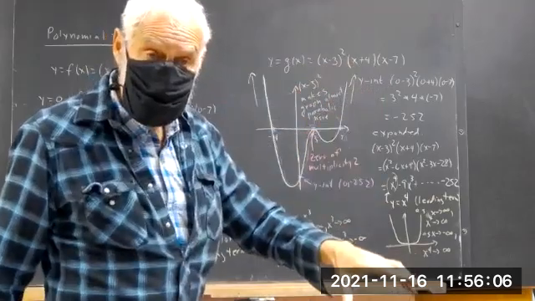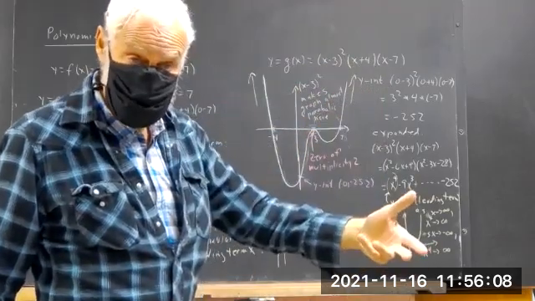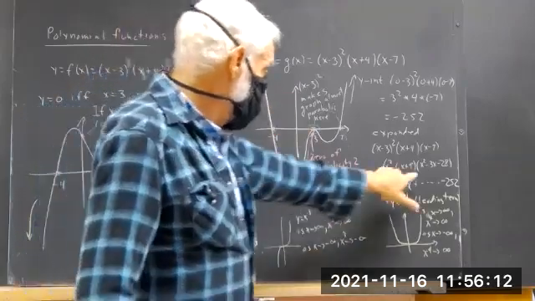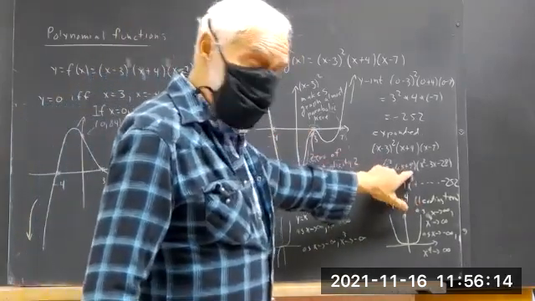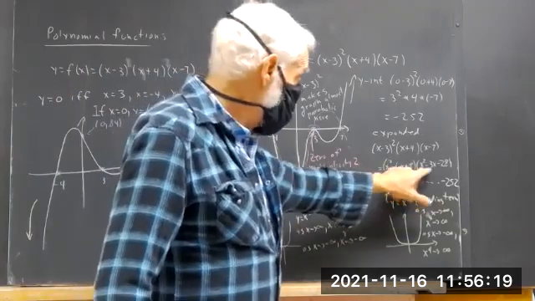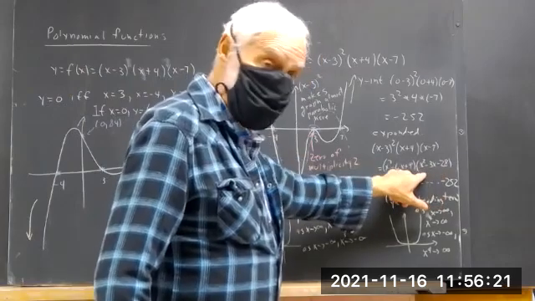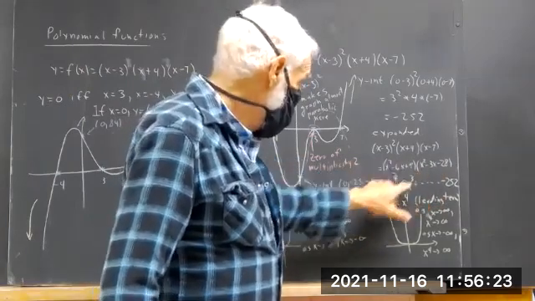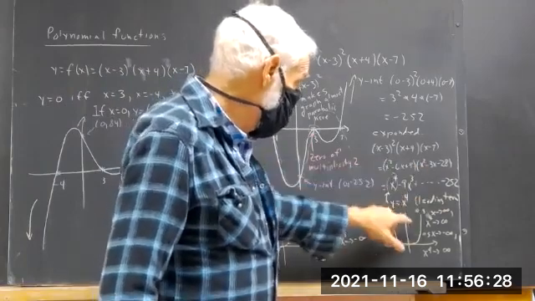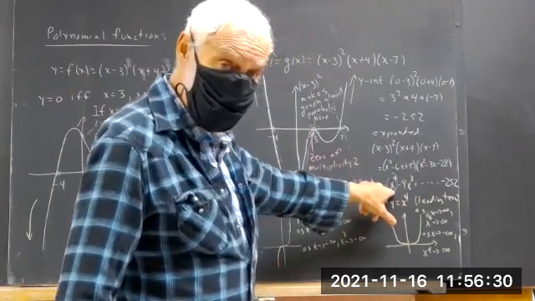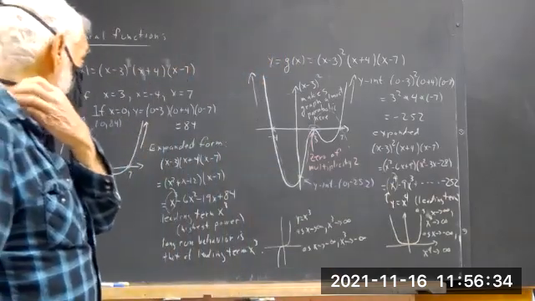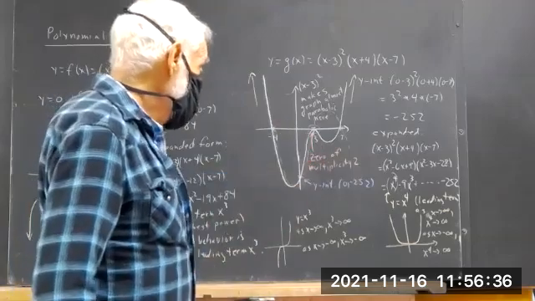Remember, the degree of a polynomial is the highest power. If you have a quadratic, like this, this quadratic has degree 2. This quadratic has degree 2. When you multiply them, you get degree 4, because the highest degree term here and the highest degree term here give you the highest degree term here. All right. Anyhow, you have a 0 of multiplicity 2 at this point.